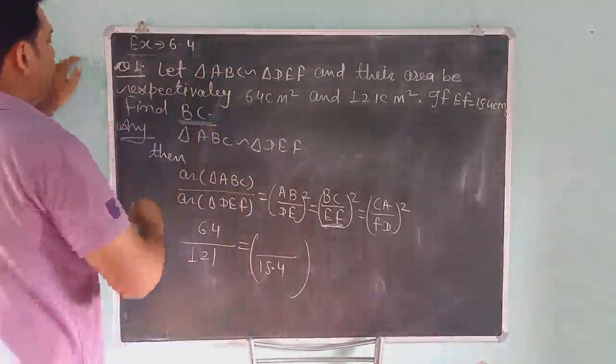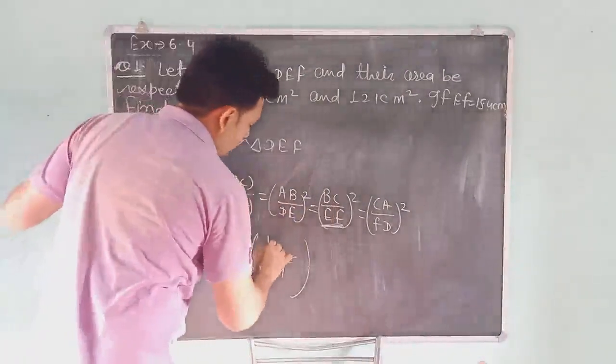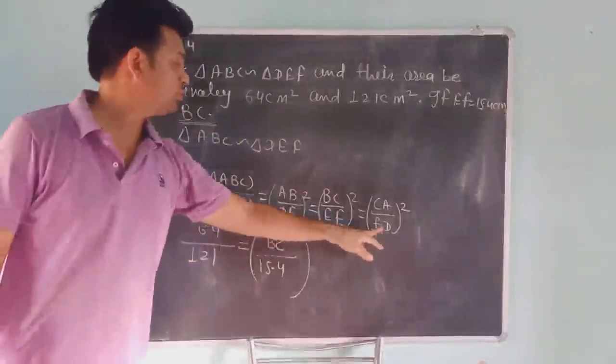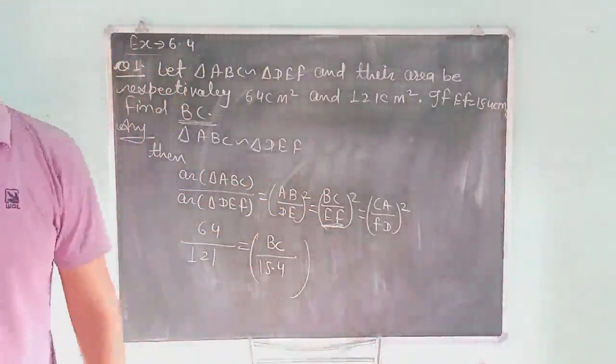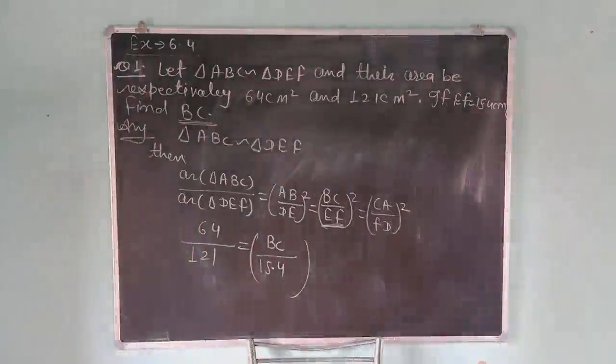According to this question, we have to find the value of BC, so I will write here only BC. You don't need to take the other two squares of ratios.